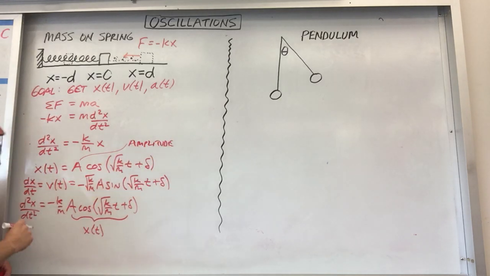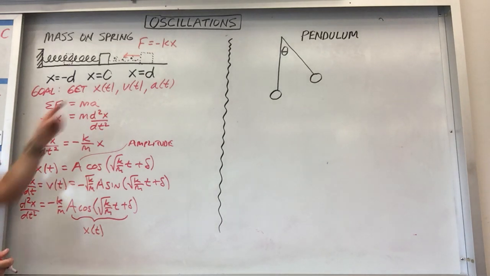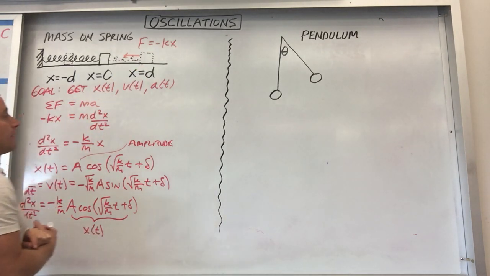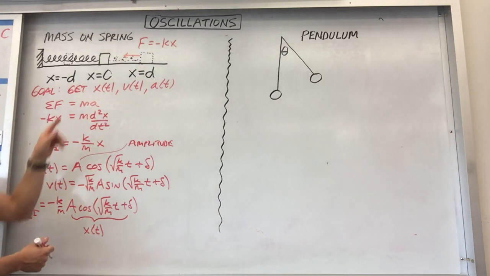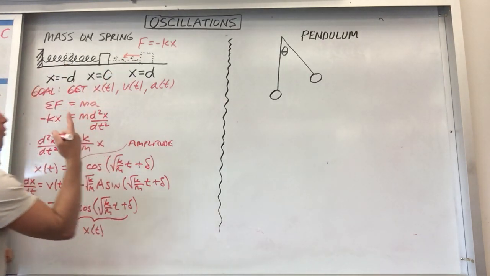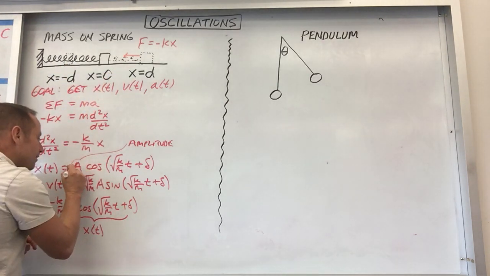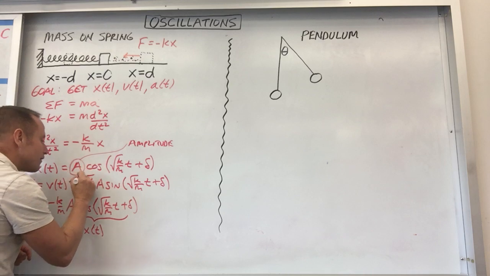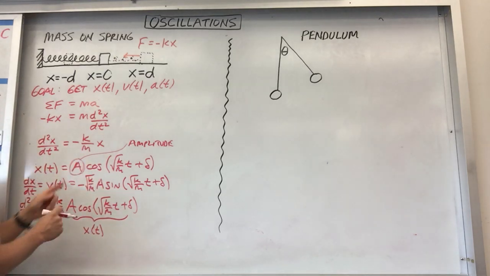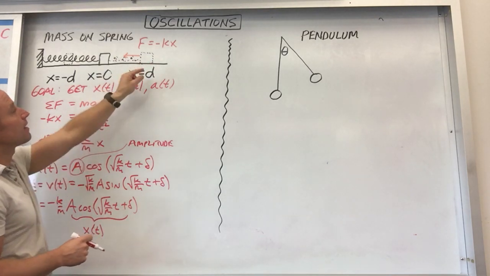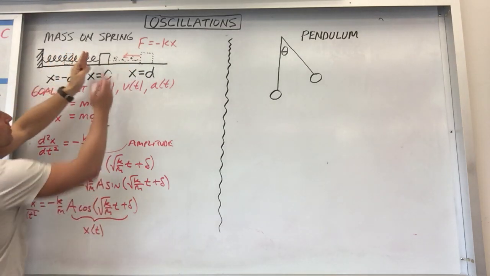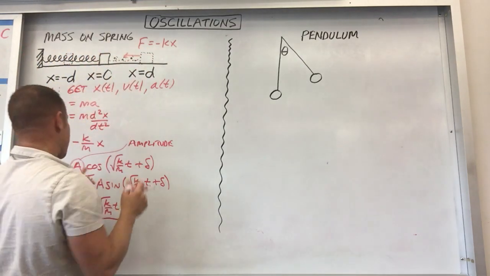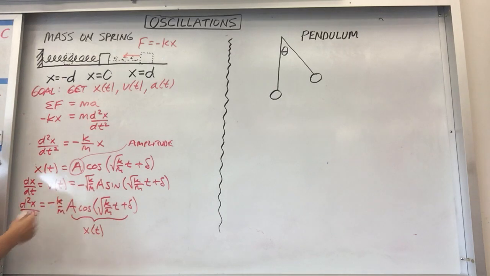For us, we know that amplitude actually happens to be d, if you look at the picture that I have. And so we can figure out based off of that initial condition, where we started this thing, it's going to bobble back and forth between d and minus d. So the amplitude of this thing needs to be d.